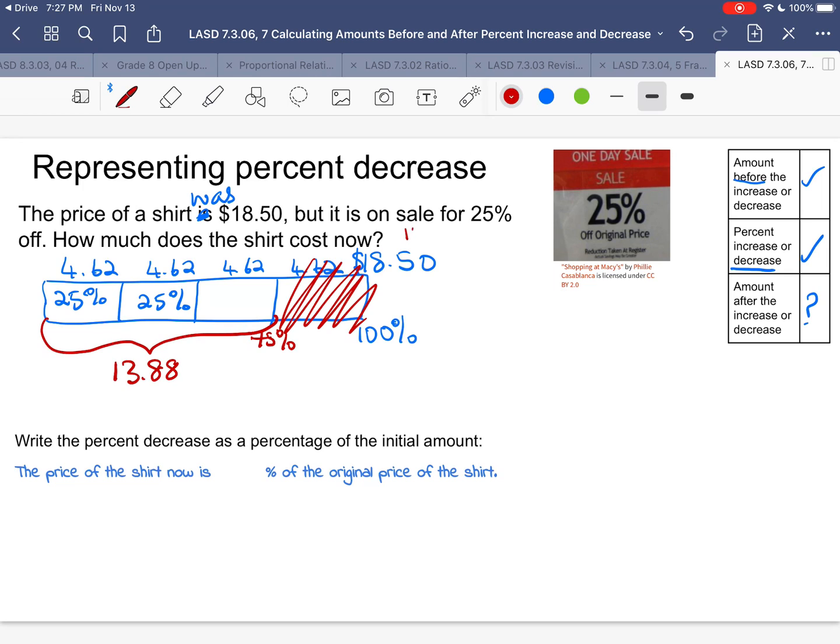So the shirt now costs $13.88. Be sure and write the dollar sign. And it's now 75% of the original price, because it was 100% and 25% was taken off on sale.